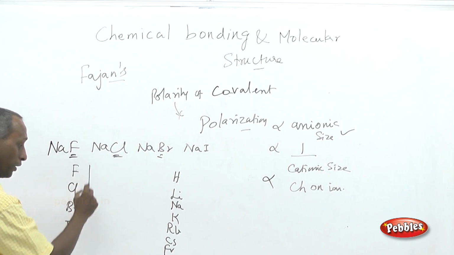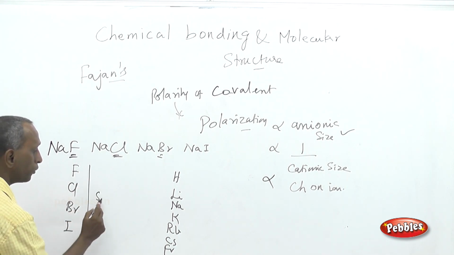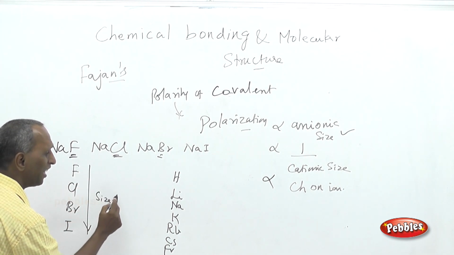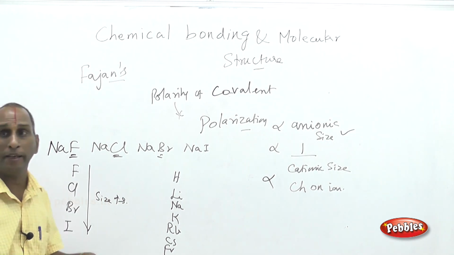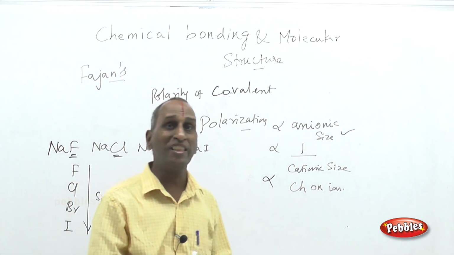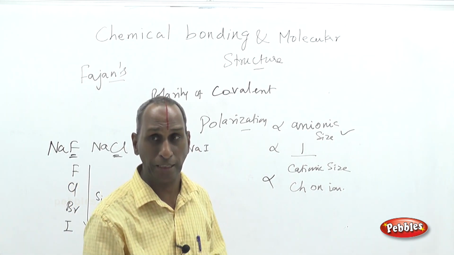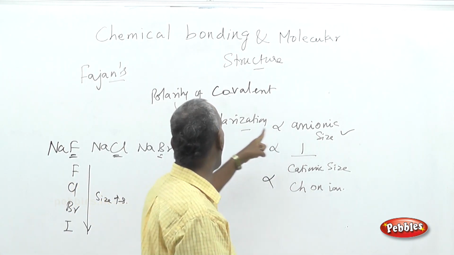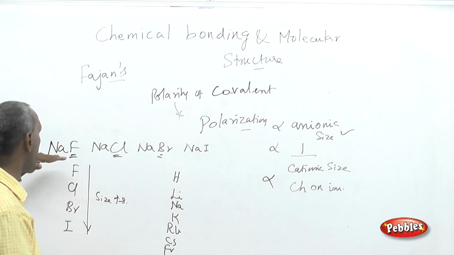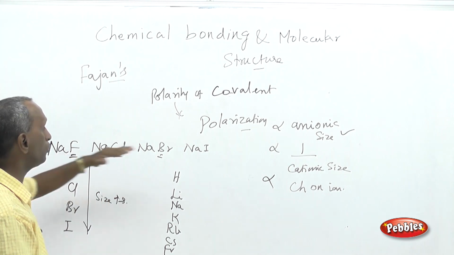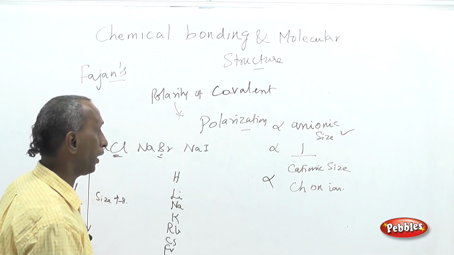These are group elements, and along the group we have seen that size increases. This is a periodic property. So, from sodium fluoride to sodium iodide, there is an increase in anionic size, and so more polarization. Polarization characteristics increase from sodium fluoride towards sodium iodide.